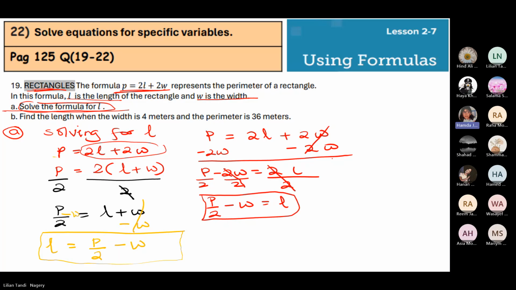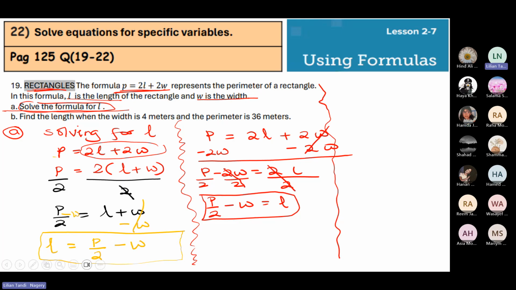Okay, wait, Miss, you don't know me by my voice. I know you, Hamda. Okay, so in part A, the one you just did, Miss, here it says, in the last two parts, P minus W over 2, right?